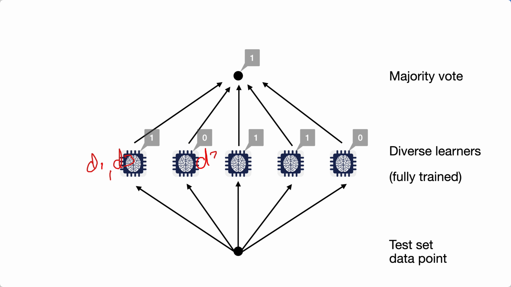Maybe it makes mistakes on data point 2 and data point 7, and this one makes mistakes on data point 3 and data point 9. That each one of them is independent in the sense that it is statistically independent. Whether it gets it right or wrong, that is statistically independent. It's not on like certain data points, all of them get wrong.